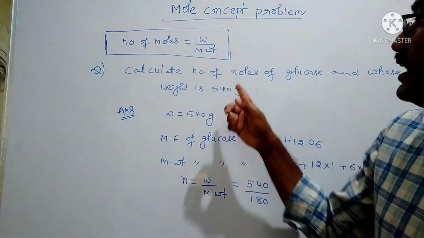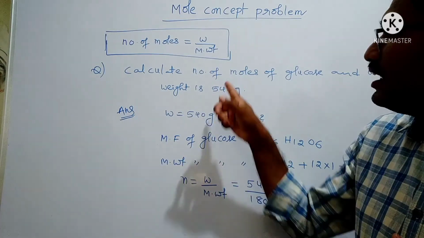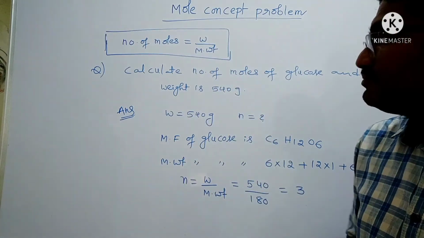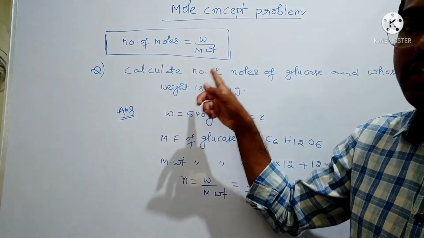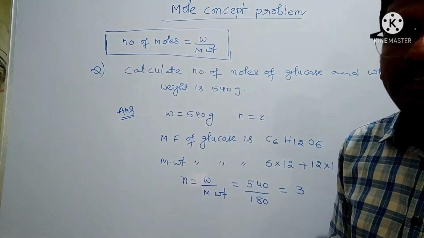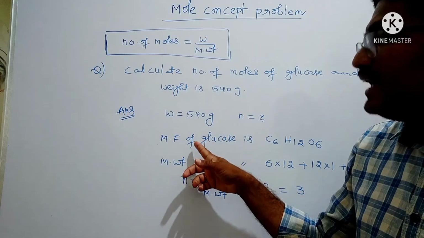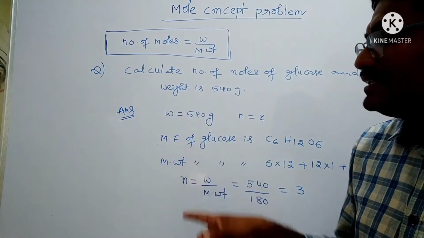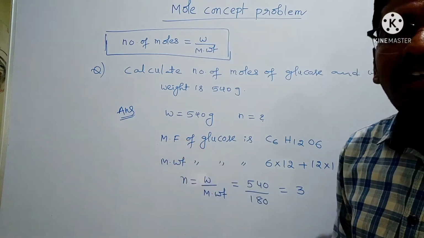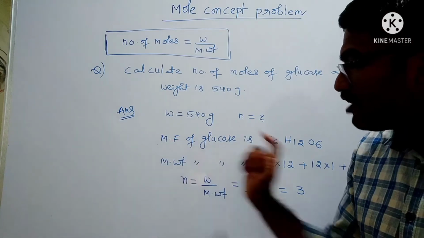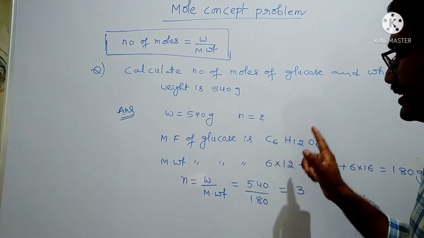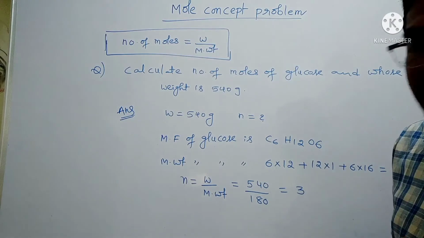Here weight is given, molecular weight is not given, and they ask you to find the number of moles. So you calculate the molecular weight with the help of the molecular formula. What is the molecular formula of glucose? C6H12O6.